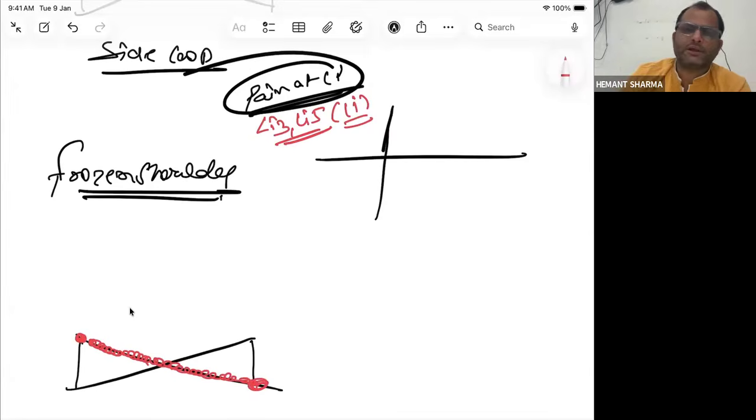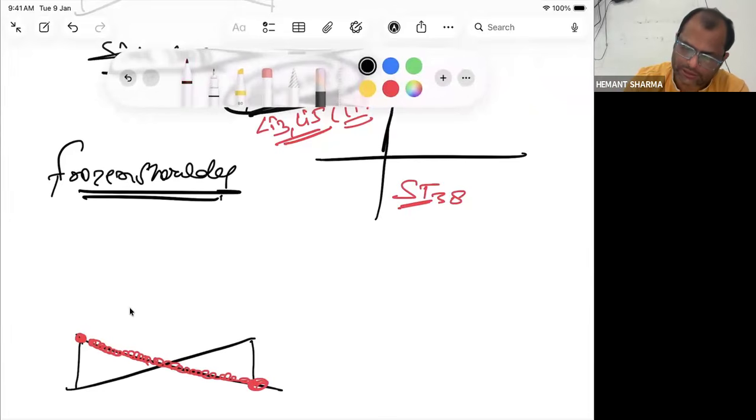Who can treat the LI? Stomach can treat the LI. I will choose some point on the stomach, suppose I am choosing stomach 38 or maybe some other point. I am choosing any point on the stomach meridian. Then I will follow the circuit and I will go up.